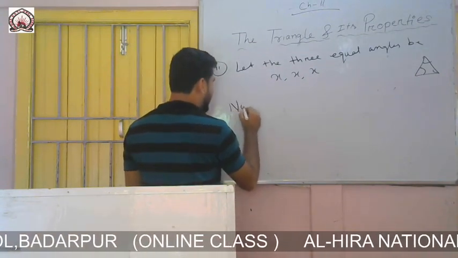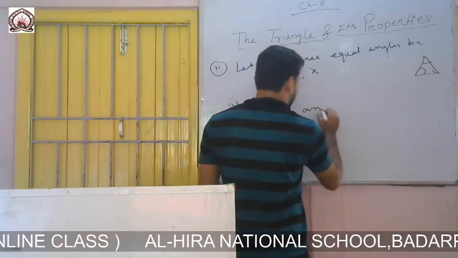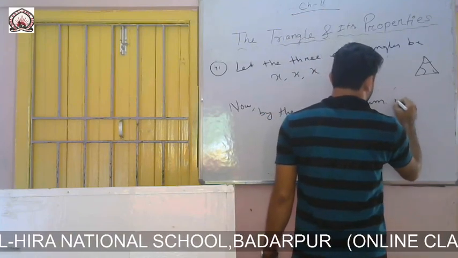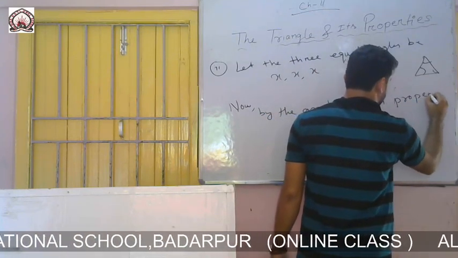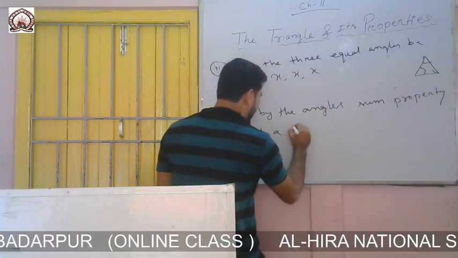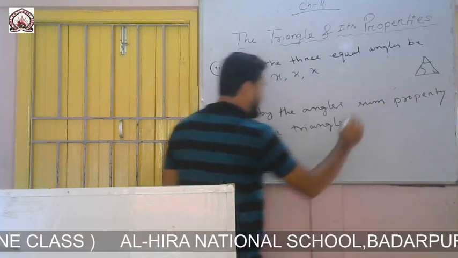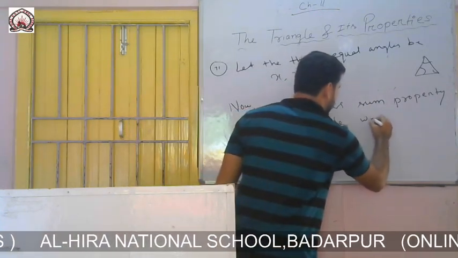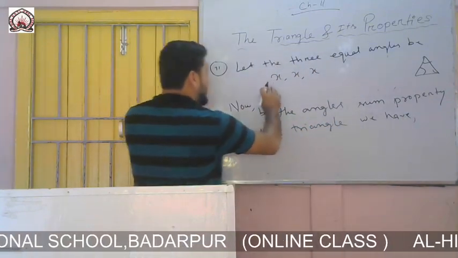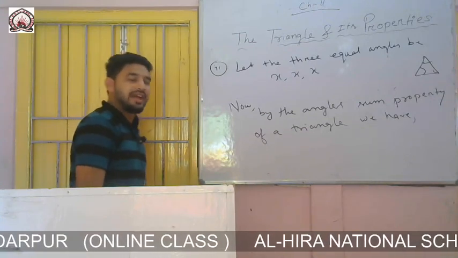Now, as earlier, by the angle sum property of a triangle, we have, if we add all the three angles, then we will get what? 180 degree.